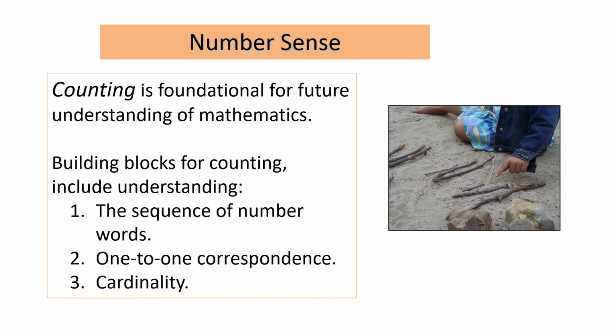And so let's take a closer look at number sense then. Number sense focuses in on counting. It's the foundation for future understanding of math. And so building blocks for counting include understanding the sequence of number words, one-to-one correspondence, and cardinality.